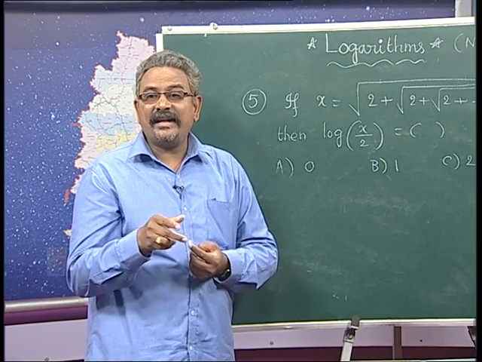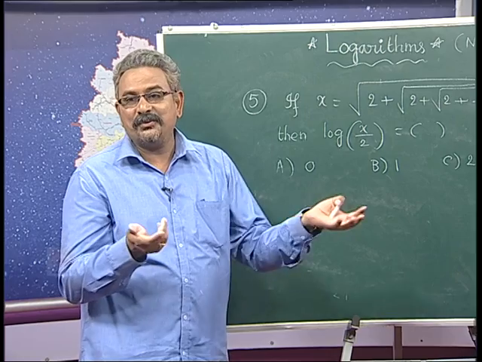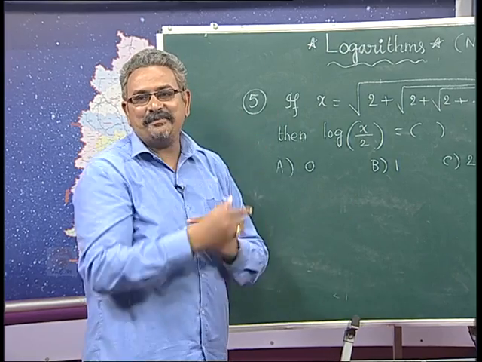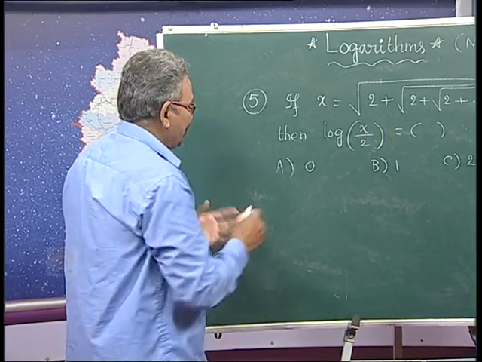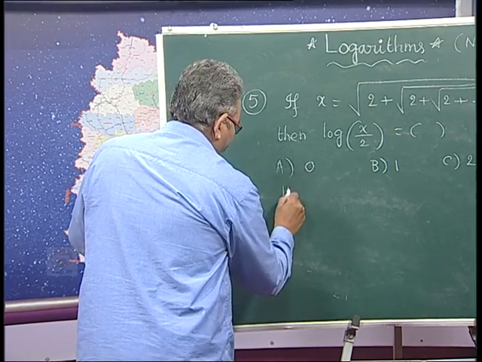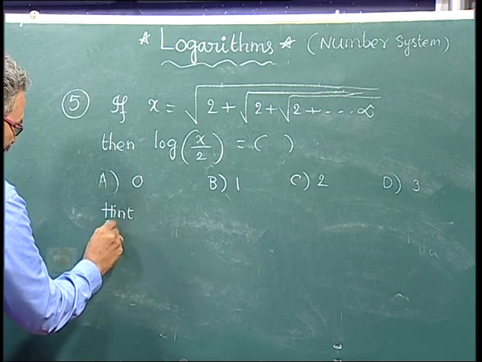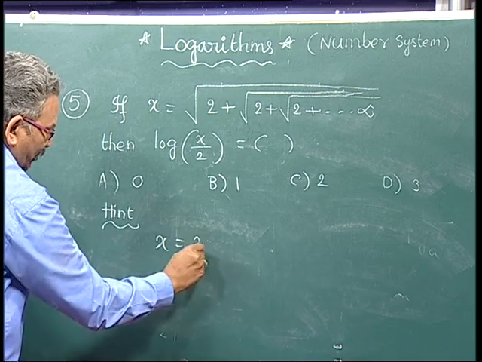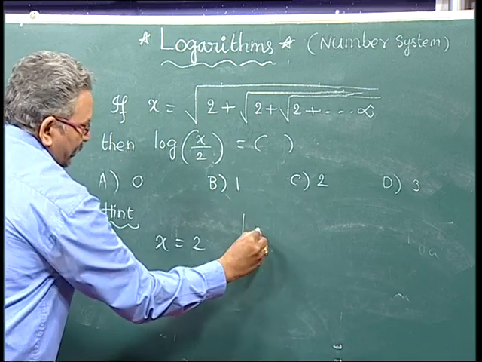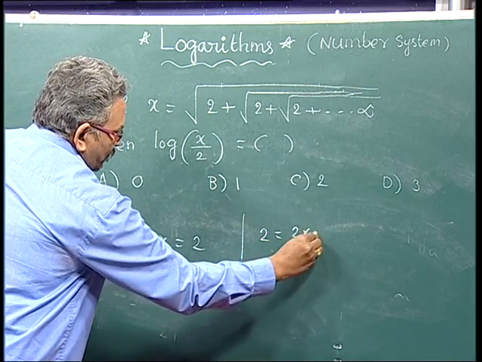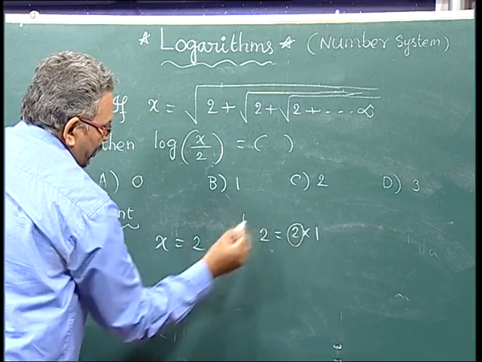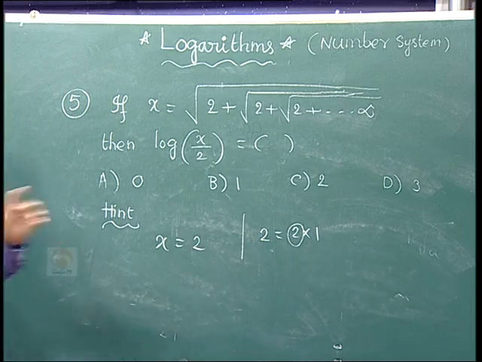Of these two factors, which is the maximum? 2. So x becomes 2. I give the hint also: this 2 can be written as 2 into 1, the 2 will be the answer. So, x is equal to 2.